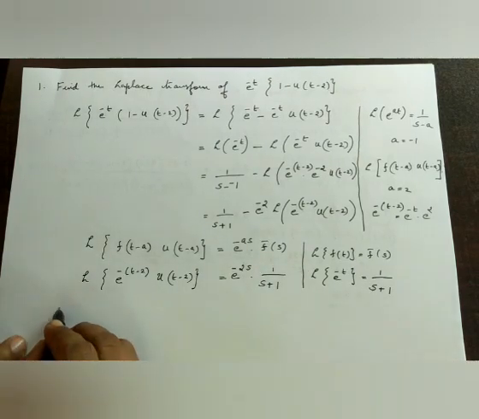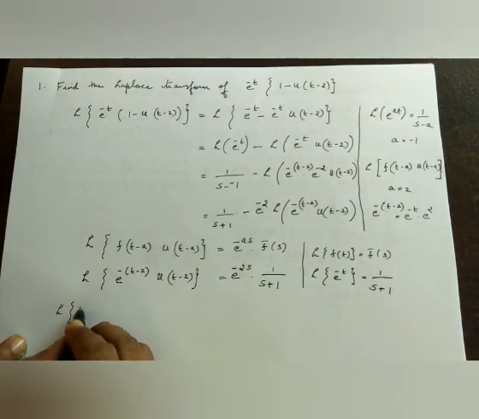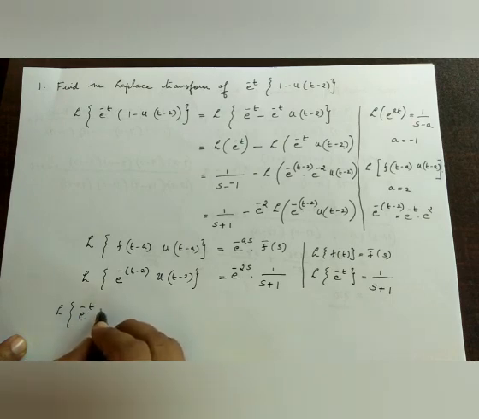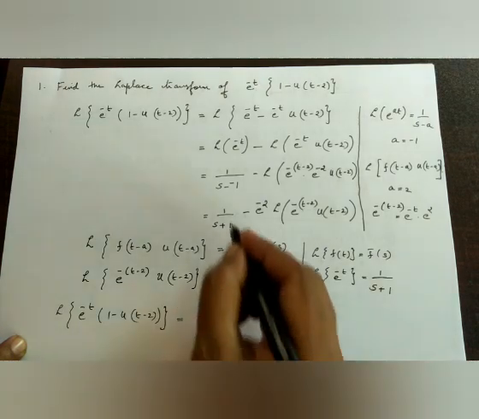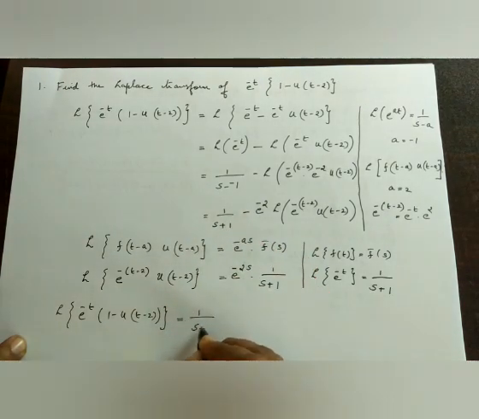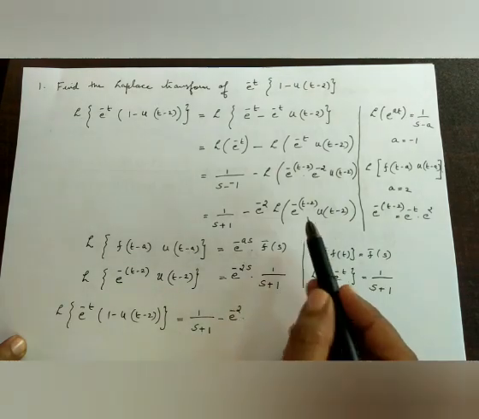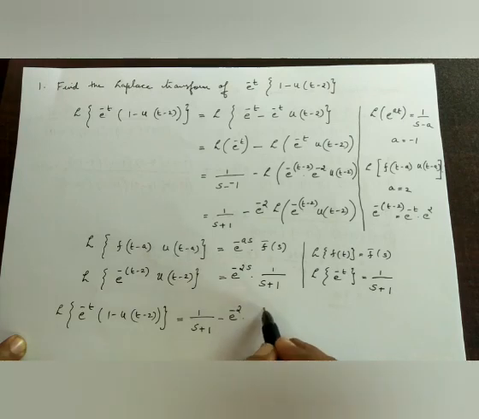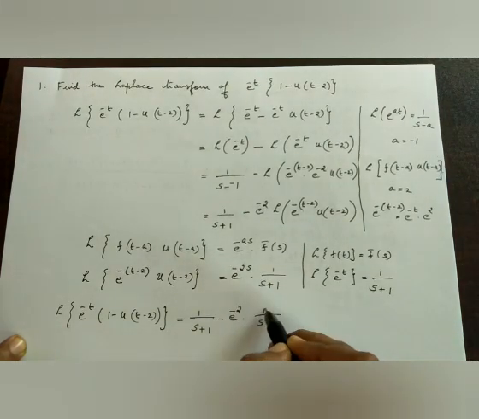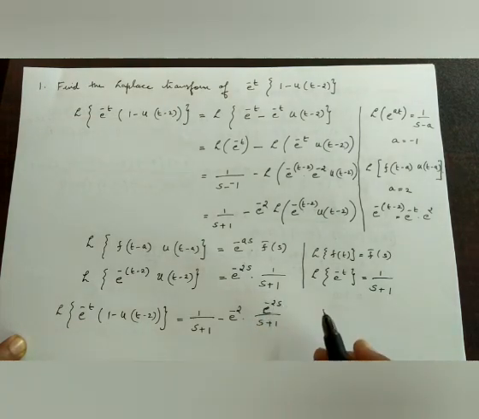Therefore, the final answer is Laplace transform of e raised to minus t into 1 minus u of t minus 2 is equal to 1 by s plus 1 minus e raised to minus 2 into, in the place of the Laplace transform of e raised to minus of t minus 2 u of t minus 2, we can write 1 by s plus 1. Sorry, e raised to minus 2s into 1 by s plus 1.